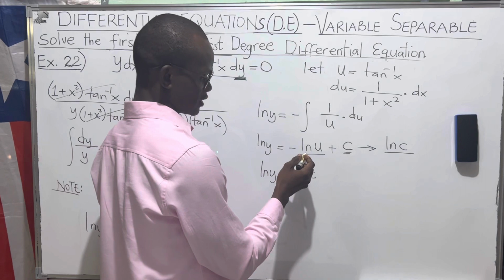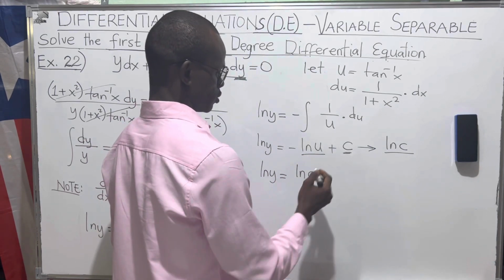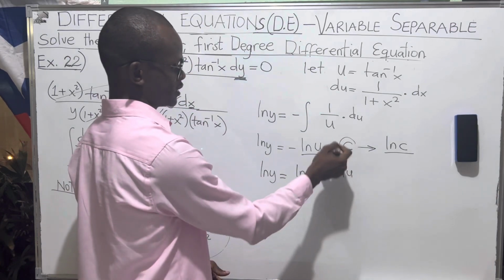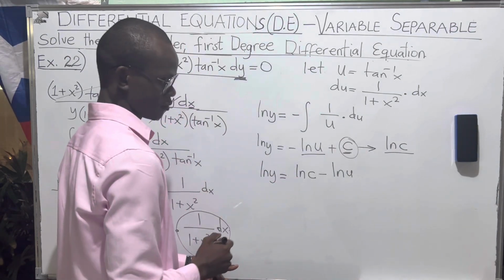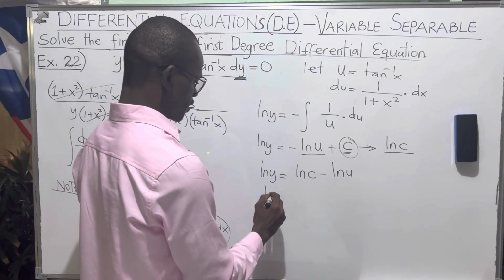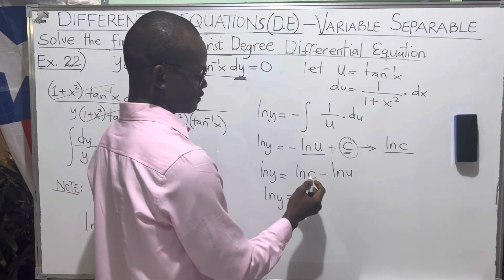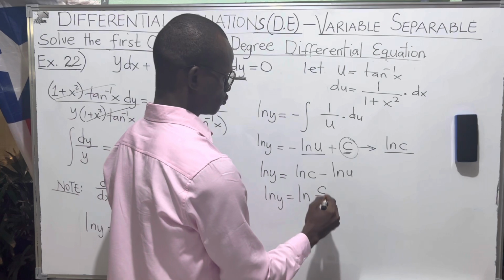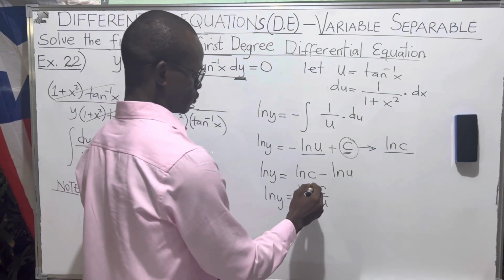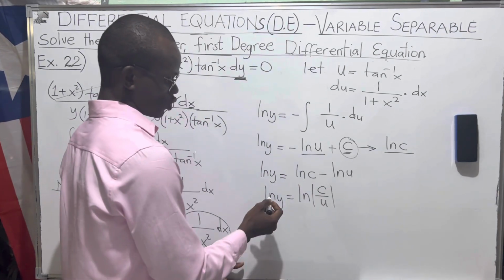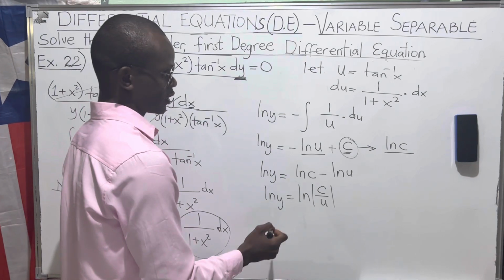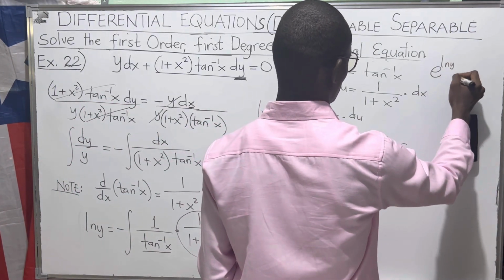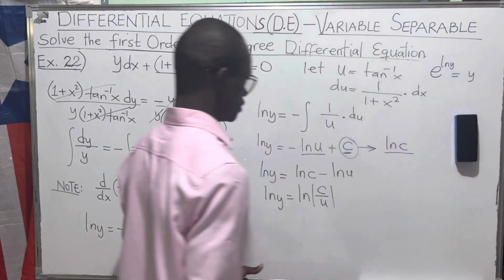minus ln of u. I've replaced this now with ln of c. If I further simplify that, ln of c minus ln of u is equal to ln of c over u. Since I want to solve for y, I can bring in a property that states that e raised to the ln of y is equal to y.